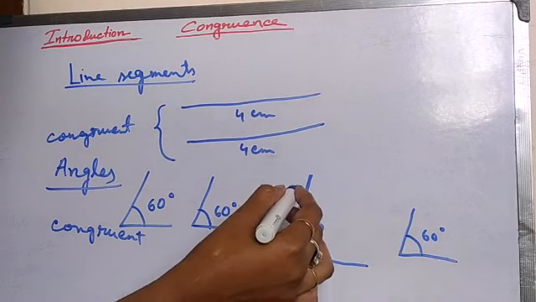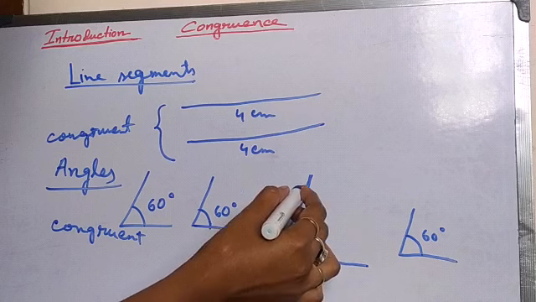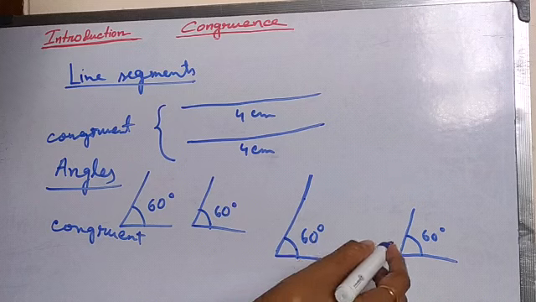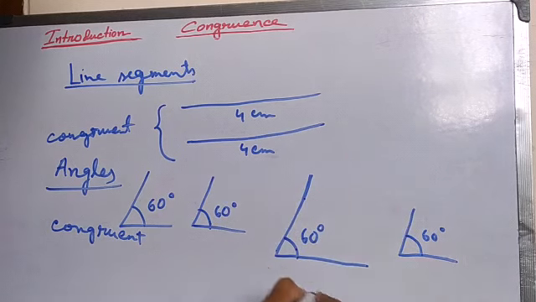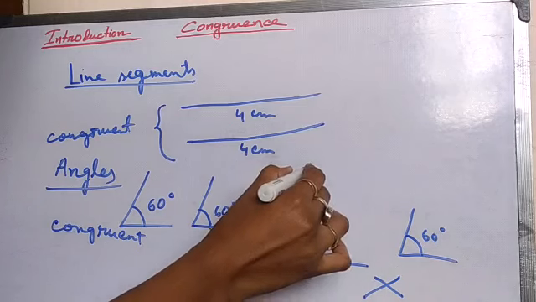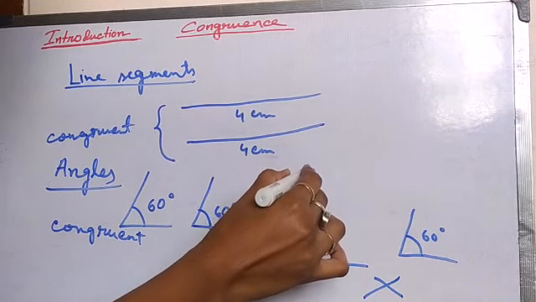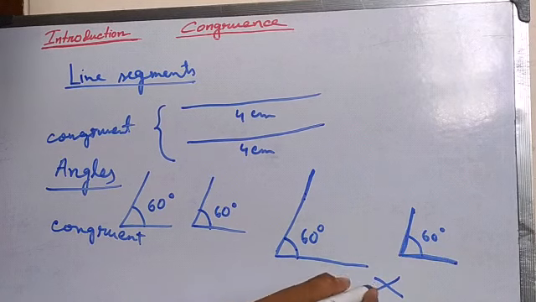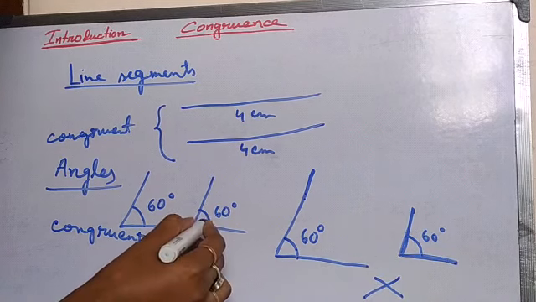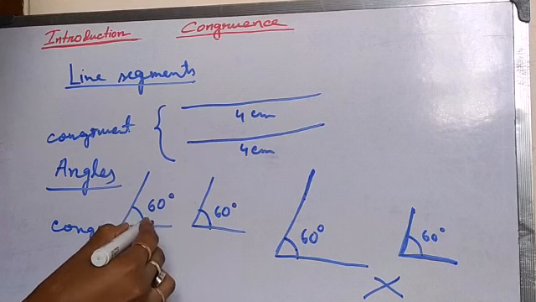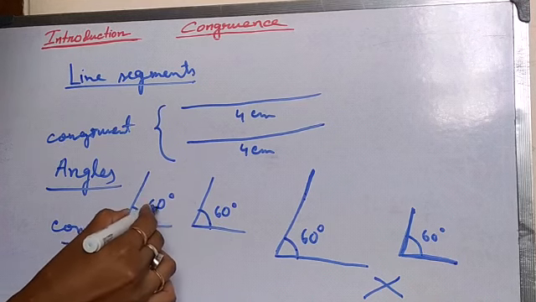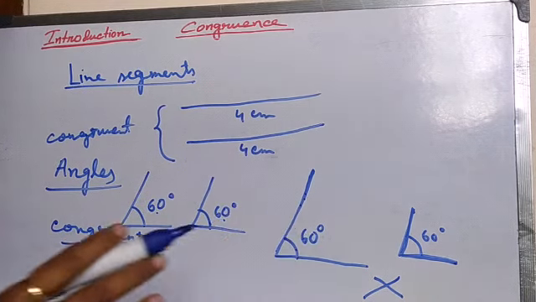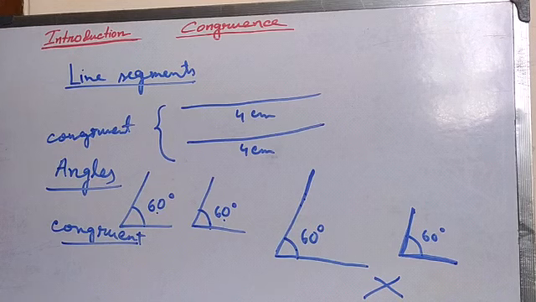If we decide that all the sides and the angles must be congruent, then we can say for this figure, no, because here the sides are longer, here the sides are shorter. If we compare by taking only the angle, then we can say that this is a congruent figure, this is also 60 degree, this is also 60 degree. But if we take the arms, then we can't say that it is a congruent figure.